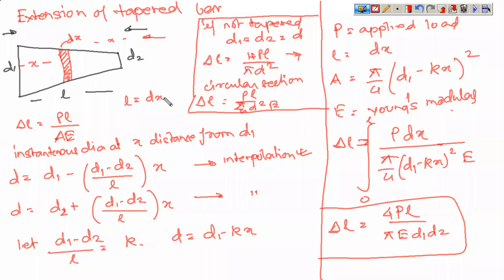So for a circular cross section, it is 4PL by pi E d square. If it is a tapered section, then the d is being represented as d1 d2. This is the justification or derivation of the same.